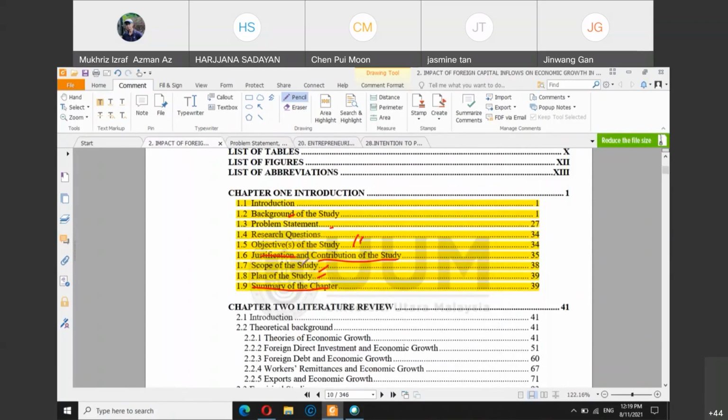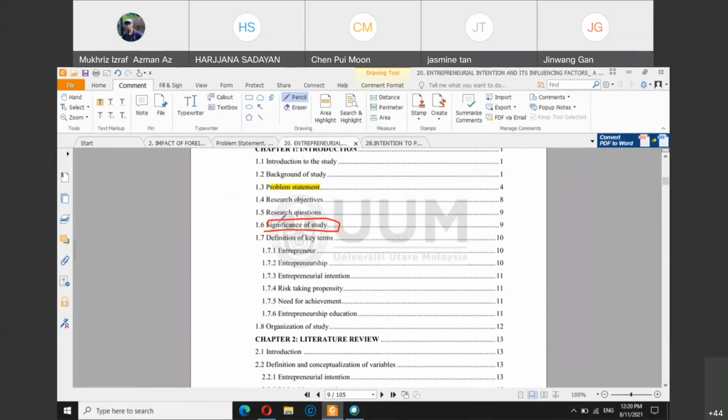Scope of the study is which population you are focusing on. And I think many students, many groups will be using UUM, UMCOB or UUM-SAFB as the scope of your study. So you can refer to other theses, see how they actually write the scope of the study. But for this thesis, there is no scope of the study.